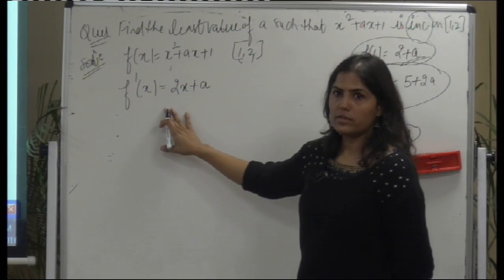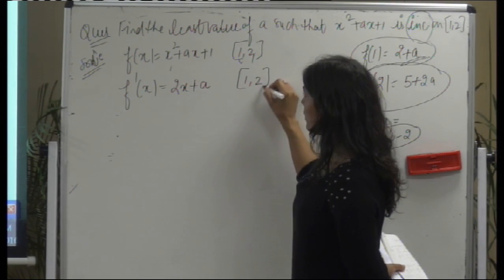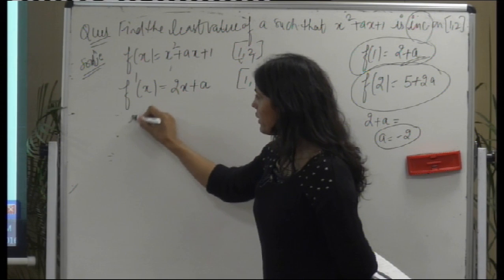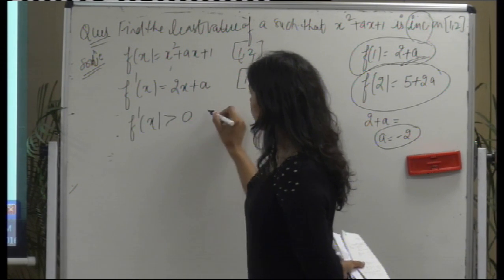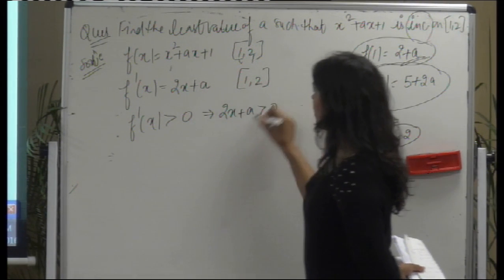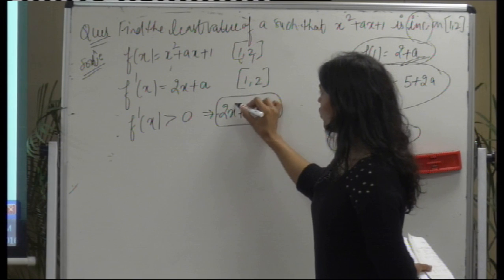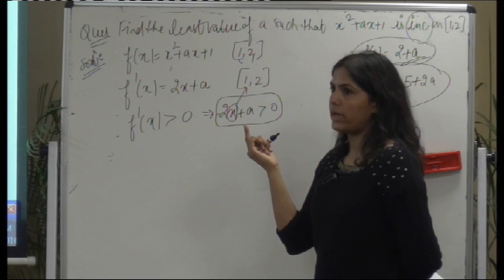This is the derivative in this interval. Our given condition says that f dash x is greater than 0. I can't ignore this x now. This x is basically any value between 1 and 2. I can't ignore this value.